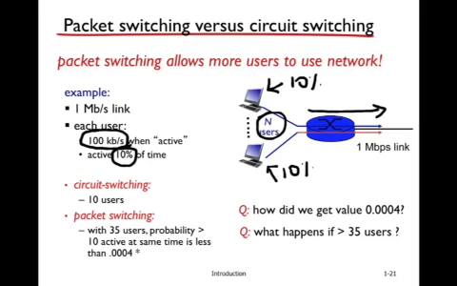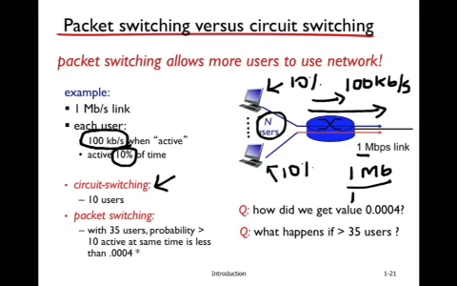So if we have a scenario like this, and we use circuit switching, because in circuit switching we have to reserve resources, you are going to be able to support 1 megabits per second. 1 megabits over 100 kilobits is the number of users you will be able to support, which is basically 10 users.